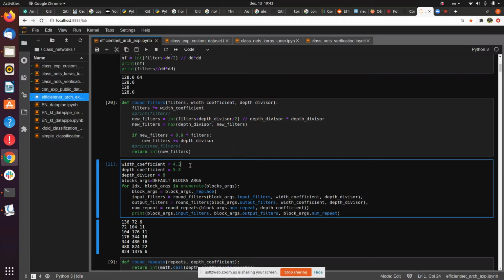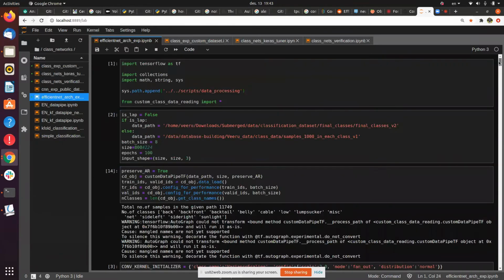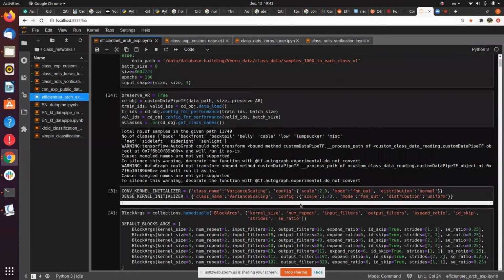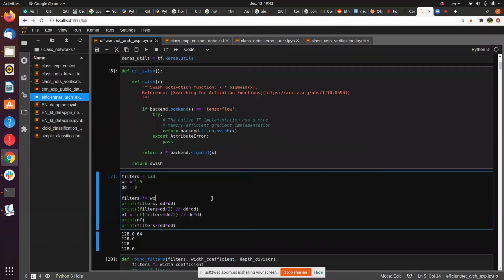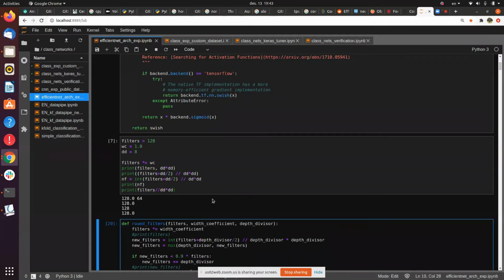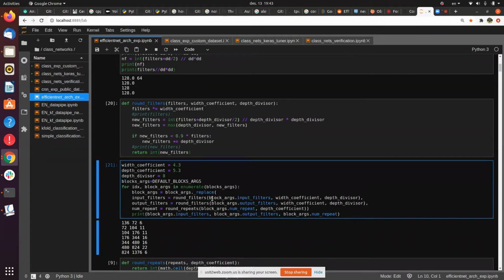If I pass 4.3, it is going to multiply my initial input filter 32 by 4.3, which gives 136. So the width coefficient is multiplied with the default input filters. Again, the depth coefficient is the one which decides the number of layers, meaning the number of blocks it is going to add.